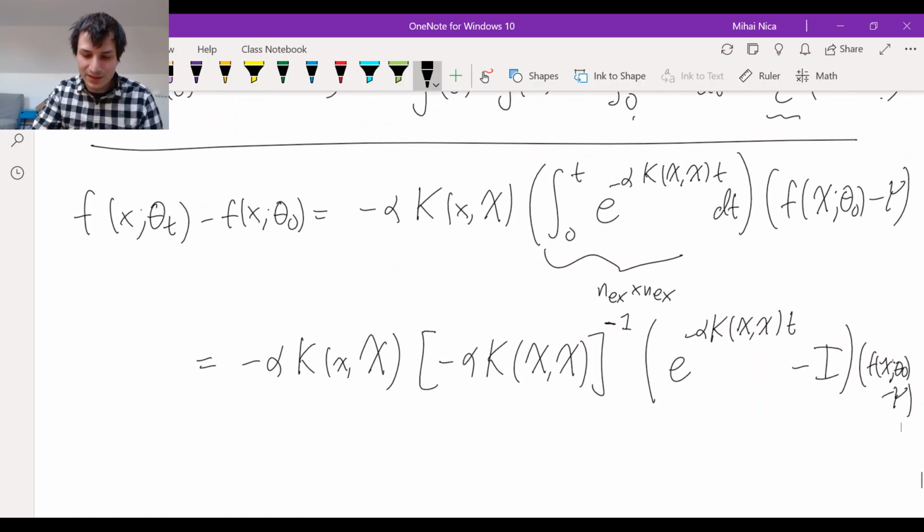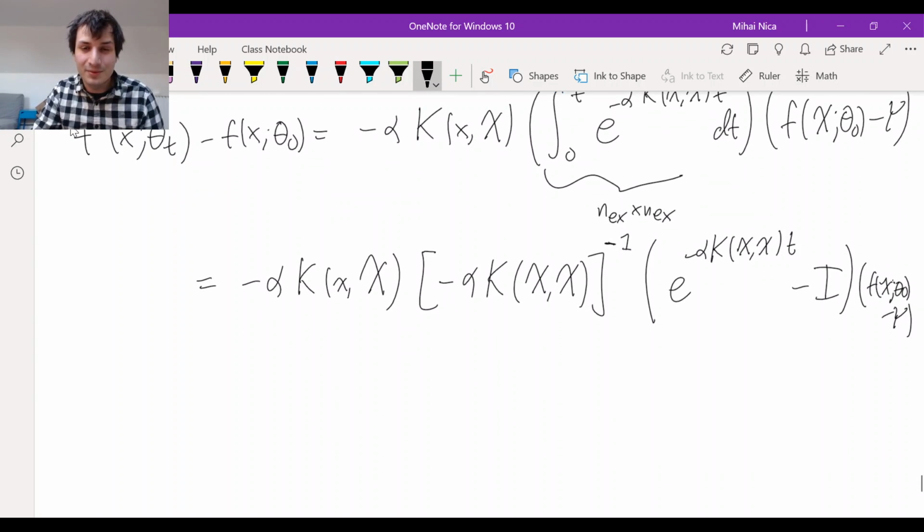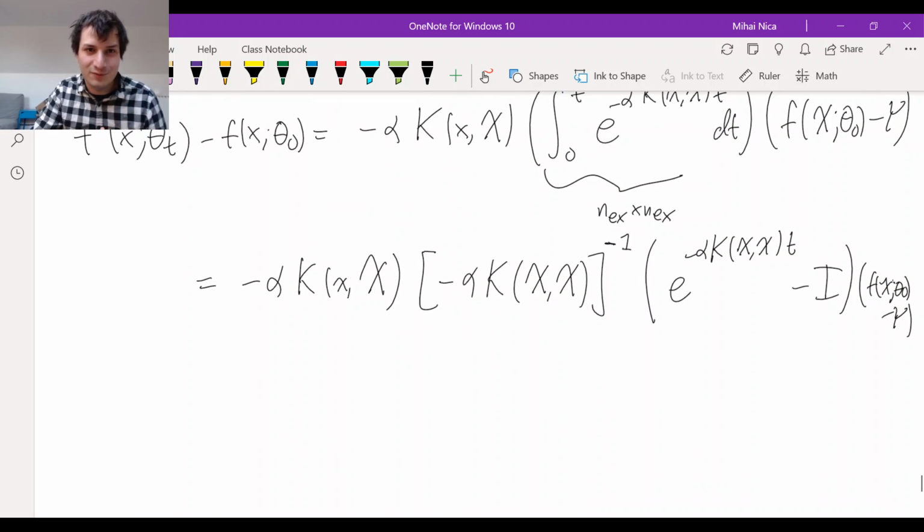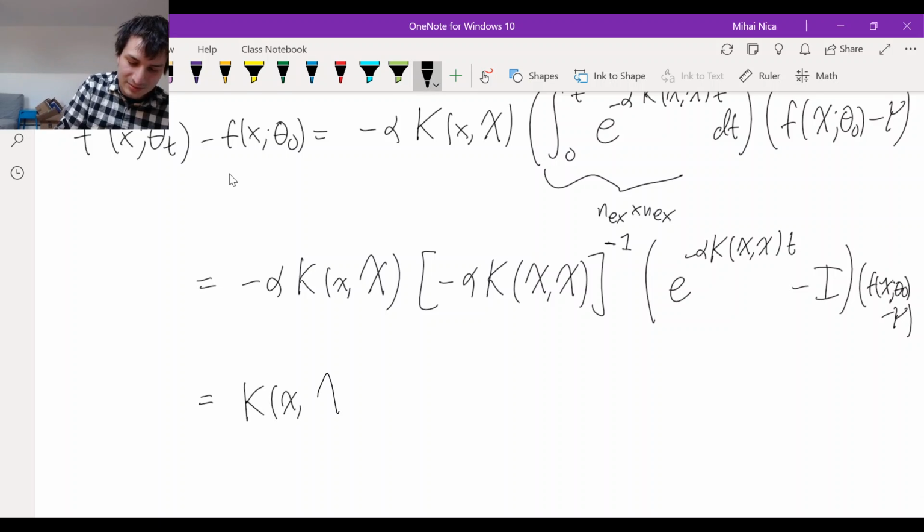Okay, and we can clean this up a bit. You have a minus alpha inverse and times an alpha. Those cancel out. But the matrix inverse, k inverse, has to stay there. And again, this only works if the matrix k is invertible. If not, then it's a slightly more complicated story. So it's some kind of pseudo inverse or something. But we're only going to look at the invertible case here. Okay, so what do you get? k of x inverse.